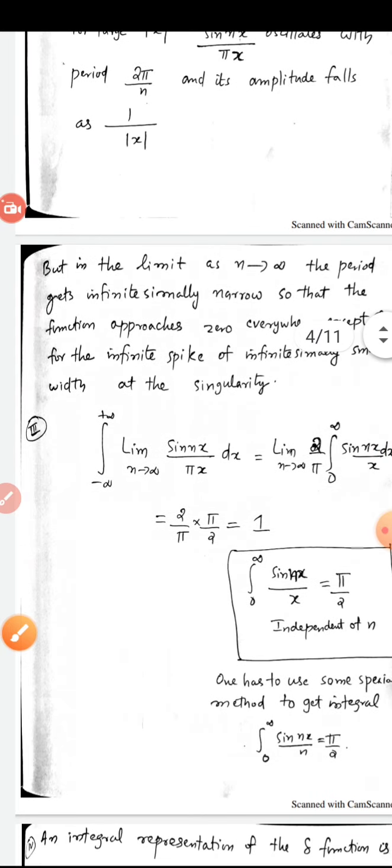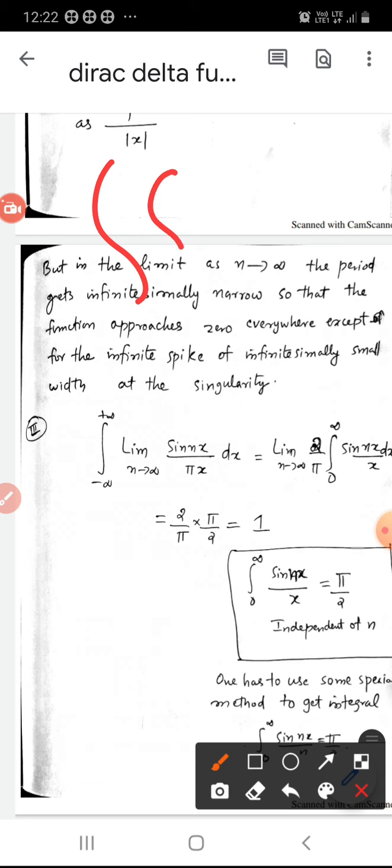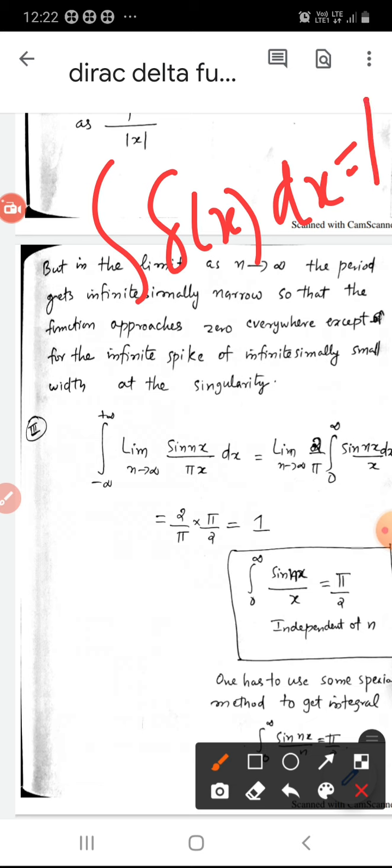Now we can show the area for the Dirac delta function. We know the area, the integral of δ(x) dx, is equal to 1. That we can get here.